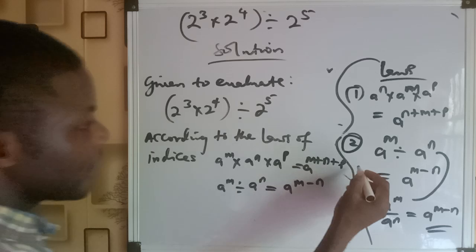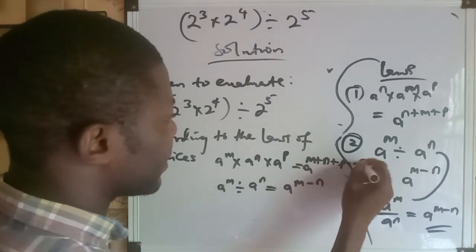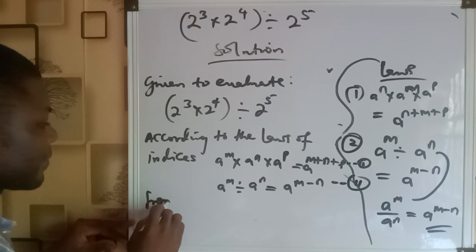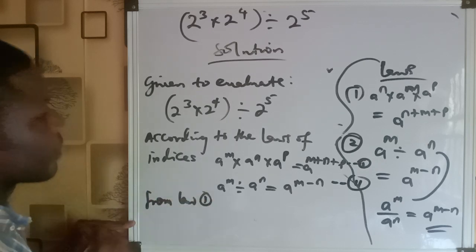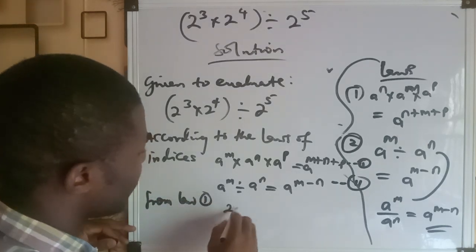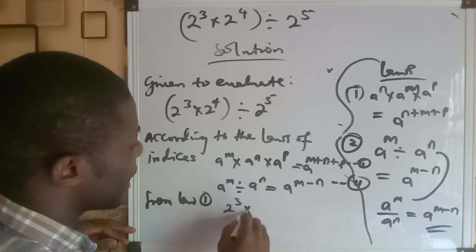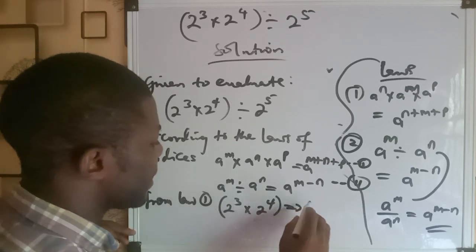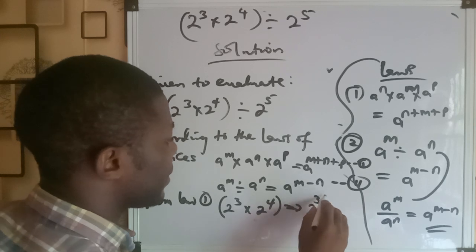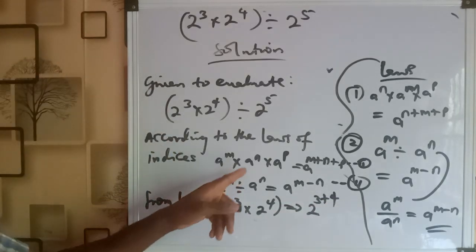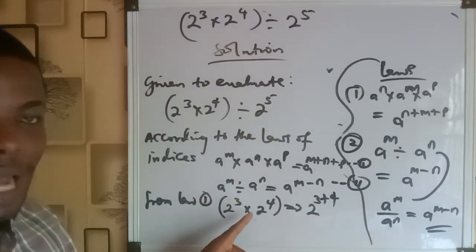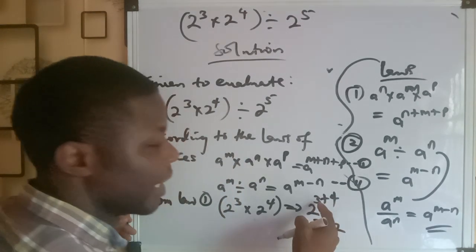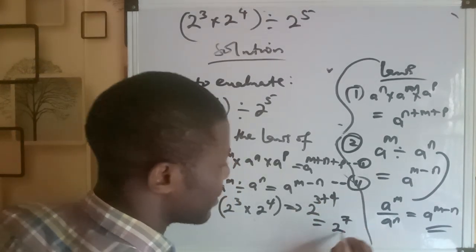Okay, you can number the laws. Maybe you say law 1, law 2. Okay, from law 1, 2 power 3 times 2 power 4 is the same as 2 power 3 plus 4. Don't forget the laws. If the bases are the same, add the indices, which is 2 power 3 plus 4 is 7. 2 power 7.